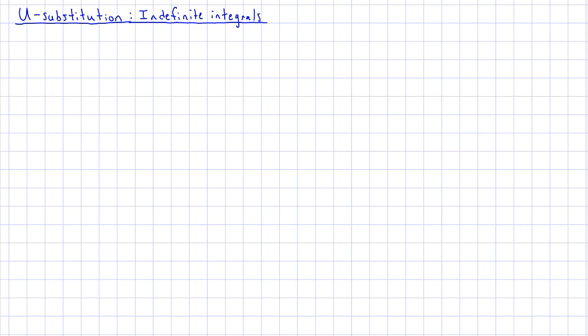So first things first, u-substitution is a method of integration that is the reverse process of the chain rule. So it kind of undoes the chain rule. Remember, let's just do a quick reminder.